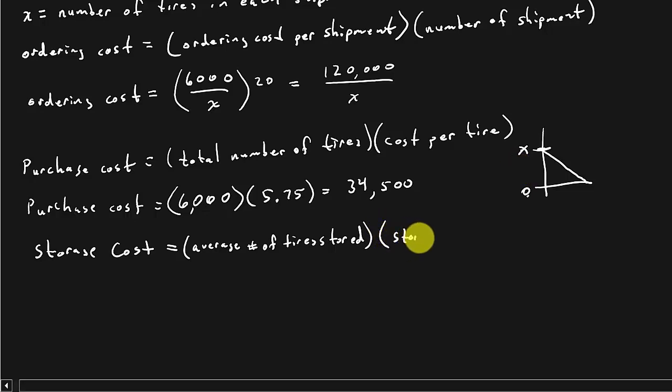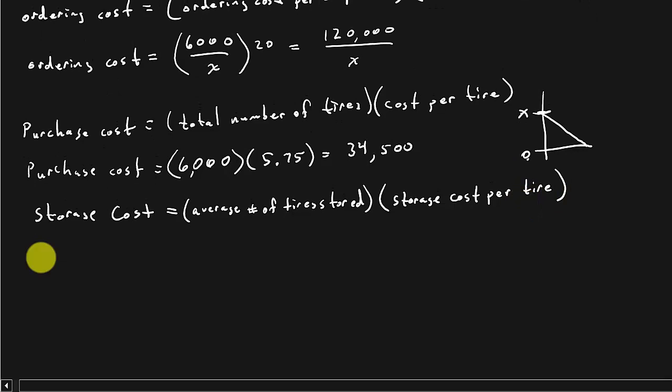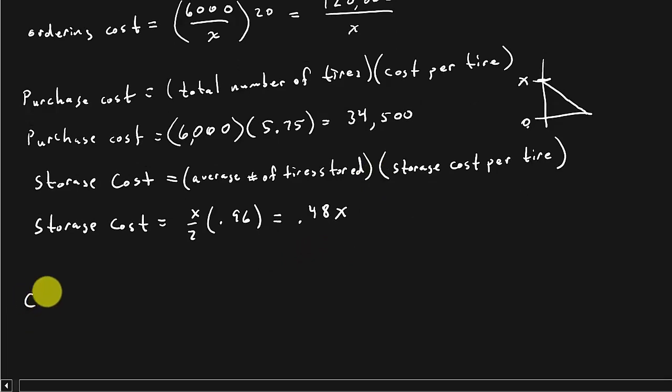So the storage cost is equal to the average number of tires, X over 2, times the cost, 0.96. So that's going to be 0.48x.